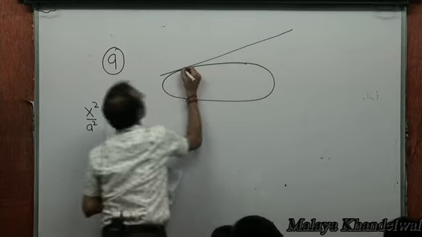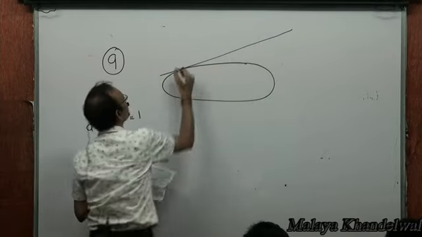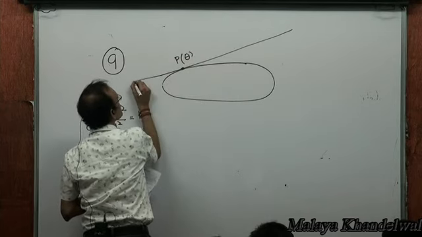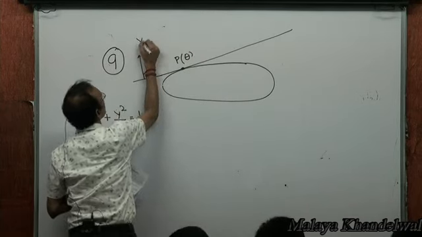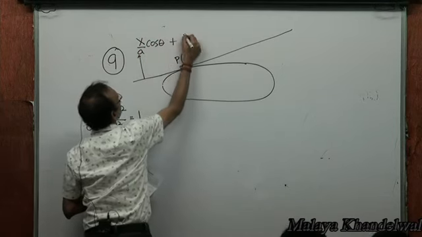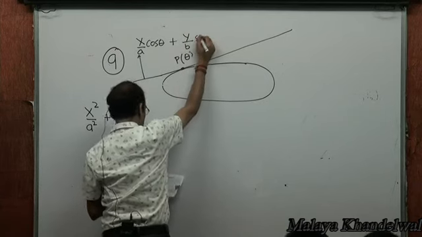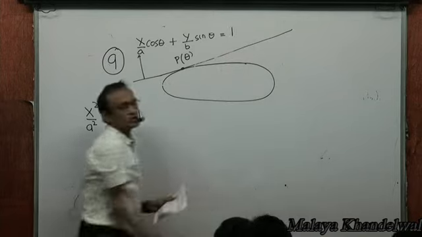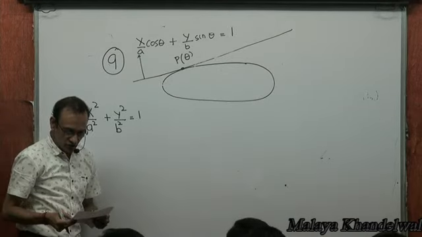Say this is a tangent drawn at a certain point P, say theta. That means this tangent is x by a cos theta plus y by b sin theta equal to 1. That's the equation of the tangent drawn at an eccentric angle theta.